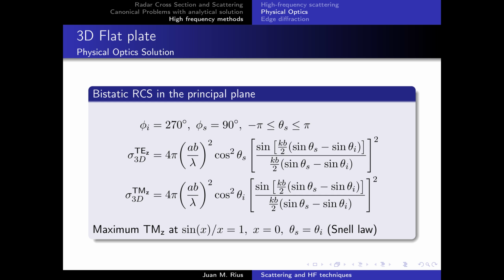The rectangular plate is very easy. The circular plate is more difficult because you have to use wave transforms between plane waves and cylindrical waves, and Bessel functions. For that reason the assignment is to compute the physical optics RCS for a circular plate.